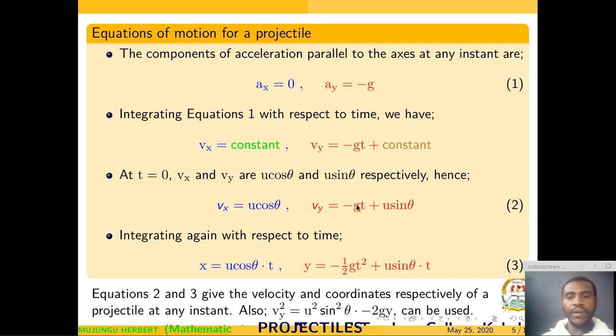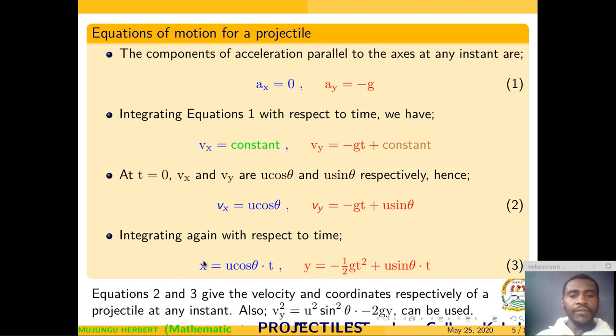This one gives us negative half g t squared plus u sin theta t, plus the integration constants which I have not indicated, because at time equals 0, the horizontal displacement is 0 and the vertical displacement is 0. So when you put them here, the integration constants become 0.